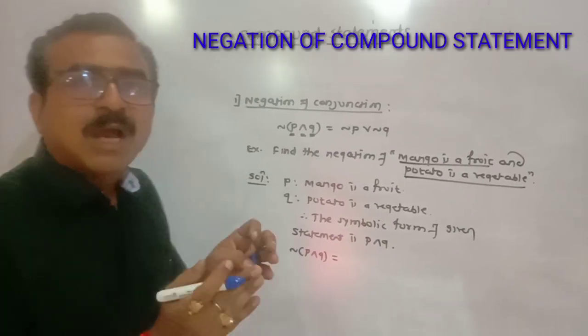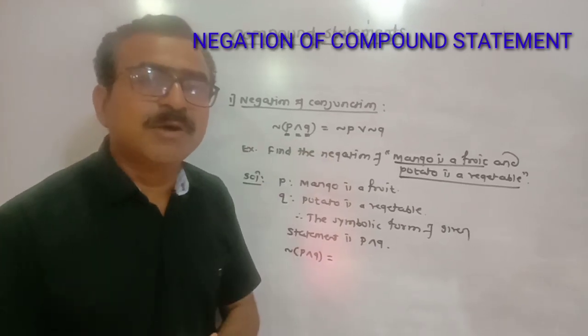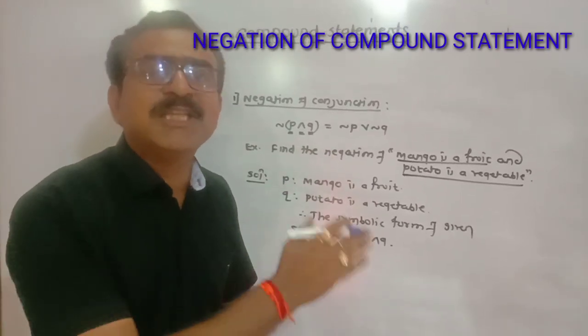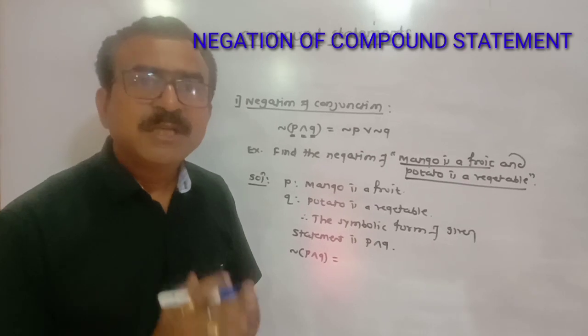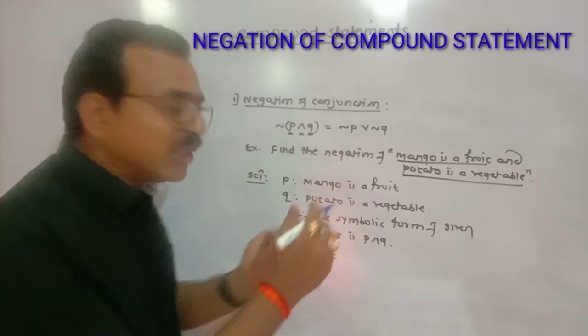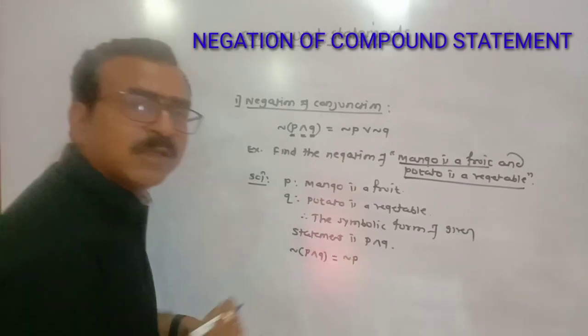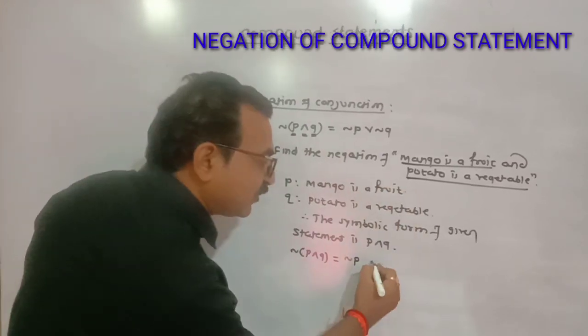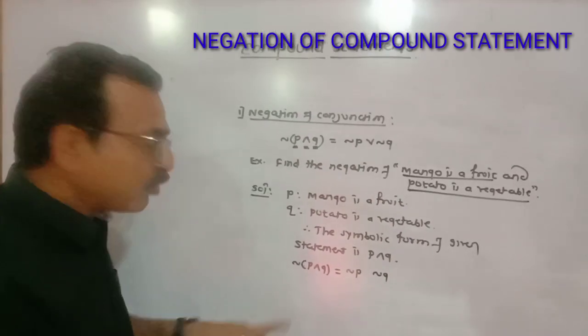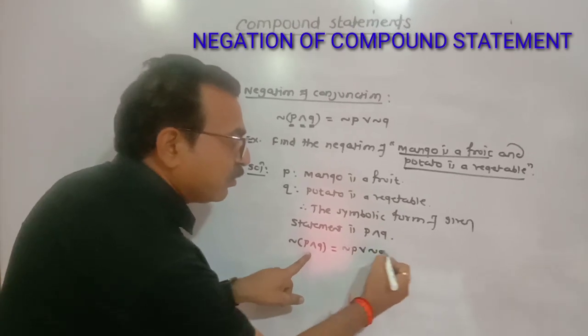So friends, according to the previous knowledge, you know that while performing the negation of a conjunction statement, initially perform the negation of the first statement, then perform the negation of the second statement, and in place of AND write down OR.